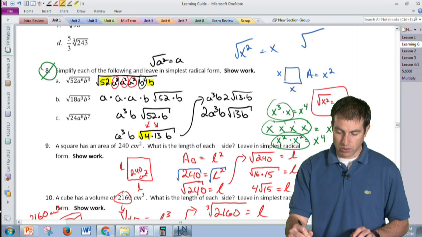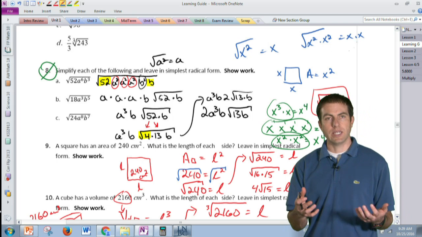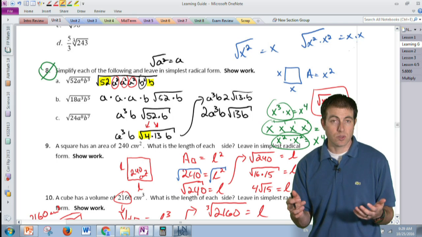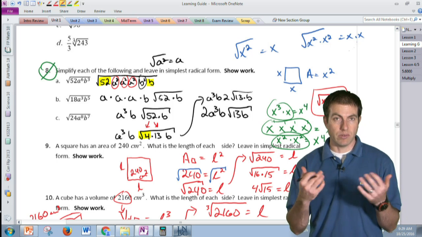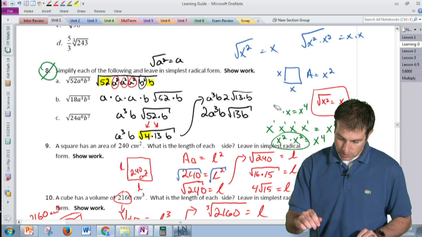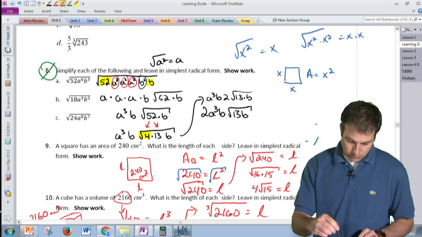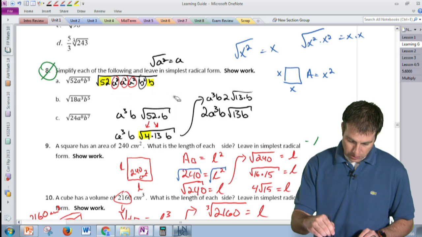So if I had the square root of x squared times x squared, that's going to be just x times x. The idea is if we can get our exponents into 2's, we can just get rid of them from under the radical sign. So I did A for us, a long-winded way. Maybe let's look at B here.